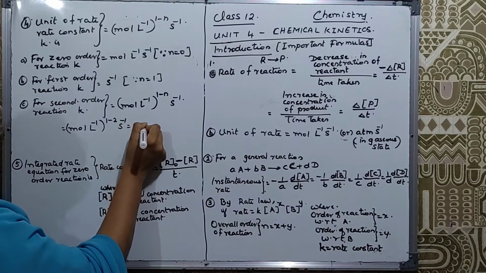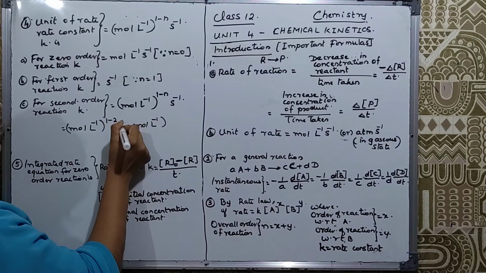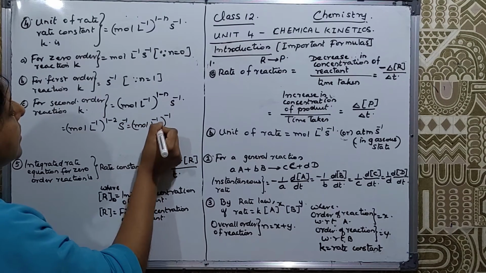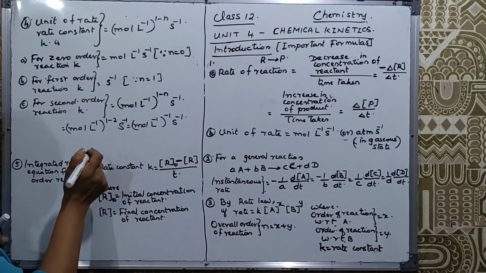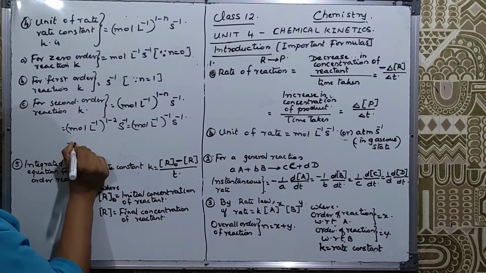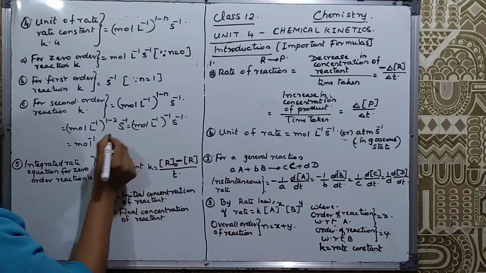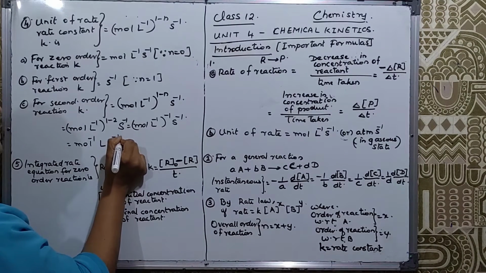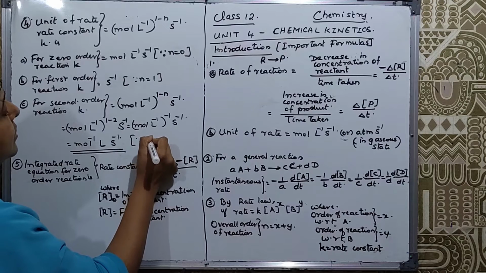So it equals mol liter raised to minus 1 raised to minus 1, and second raised to minus 1. Giving the power minus 1 to each term, it becomes mol raised to minus 1, liter, minus into minus becomes plus, liter and second raised to minus 1. That is the unit, because n equals 2.